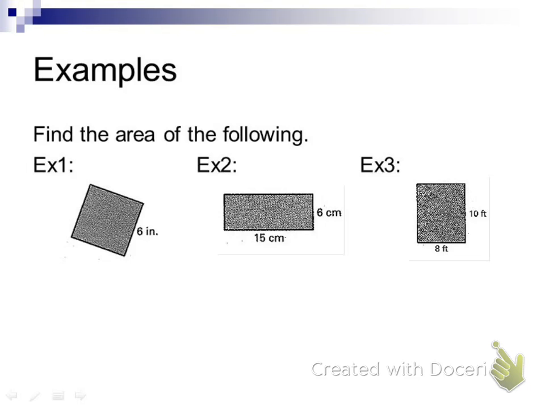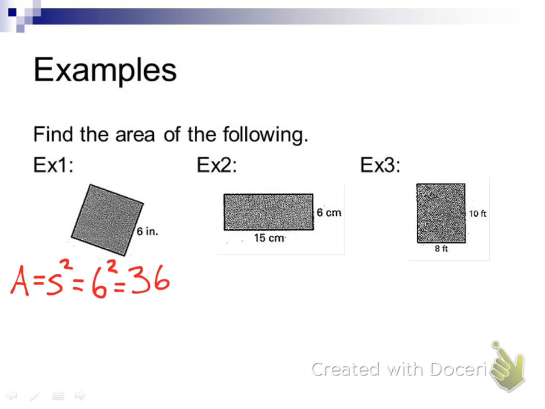So example 1 is a square. Remember, for a square we do side squared. What is the length of the sides of this square? What is the side length in this square? 6. So I need to do 6 squared, which is, what's 6 times 6? 36.